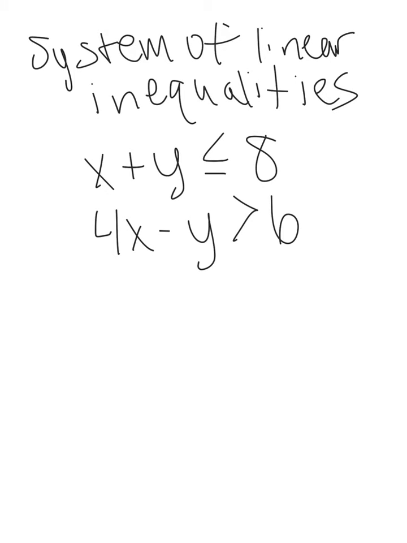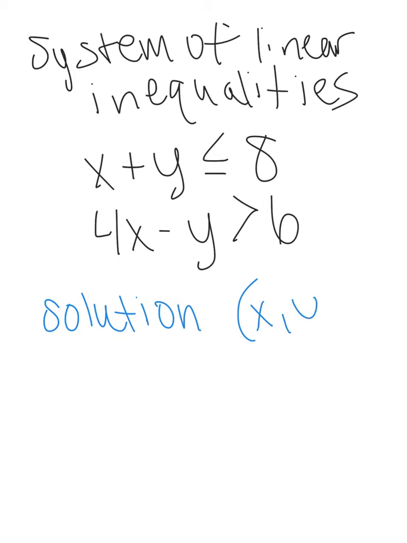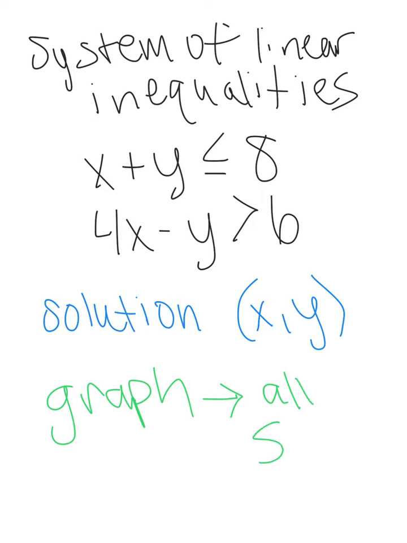The other difference between a system of linear equations and a system of linear inequalities is that the solution of a system of linear inequalities is not the intersection point. It still is an ordered pair that satisfies both inequalities. However, there are usually many solutions rather than just one. The solutions correspond to the graph of the system of linear inequalities because the graph reveals all the solutions.